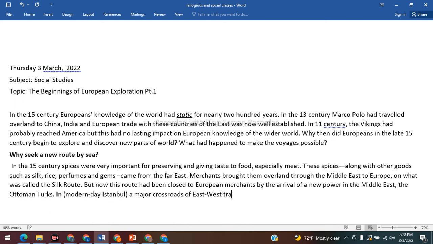Why did they do it? Well, they wanted the trade route for themselves. Oh my goodness, I missed a very important part. I was supposed to say, in 1453, my apologies, in 1453 the Turks conquered Constantinople.